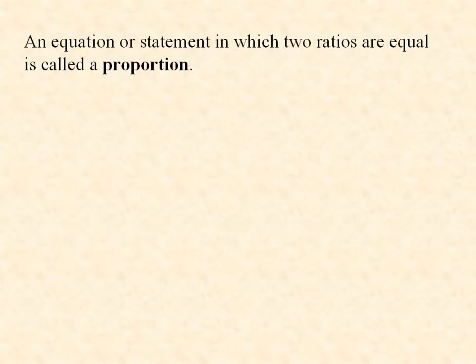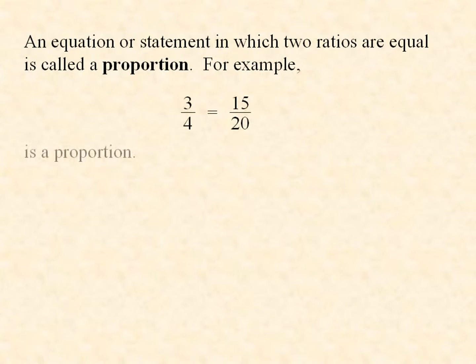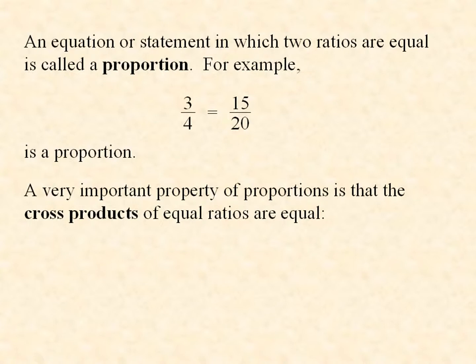An equation or statement in which two ratios are equal is called a proportion. For example, 3 to 4 equals 15 to 20 is a proportion. A very important property of proportions is that the cross products of equal ratios are equal.